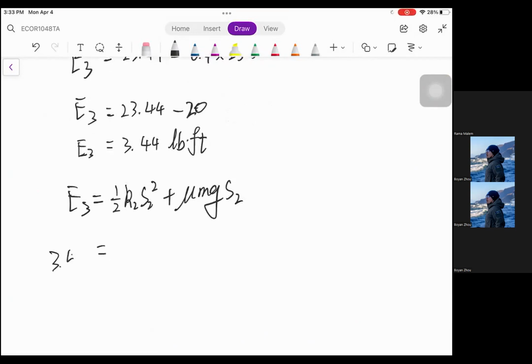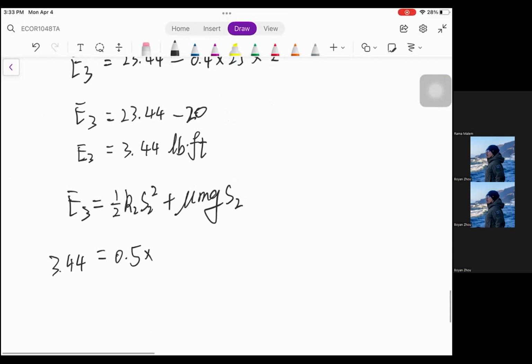So 3.44 is equal to 0.5 times 120 times S2 to the power of 2 plus 0.4 times 25 times S2.